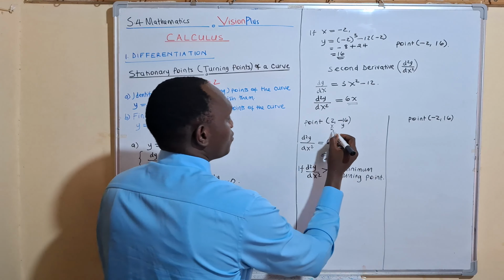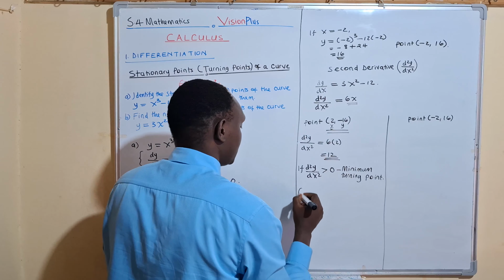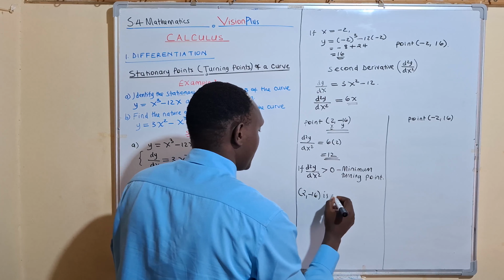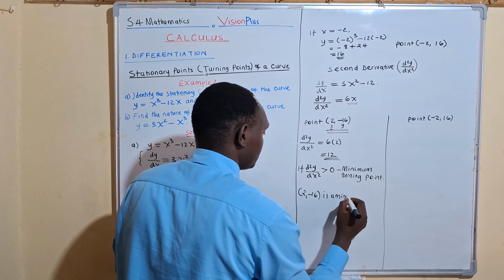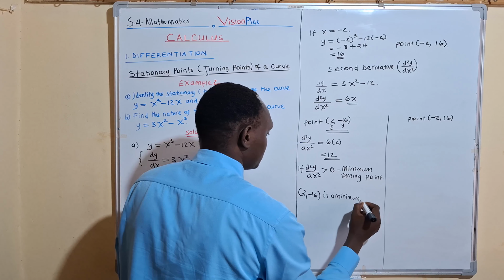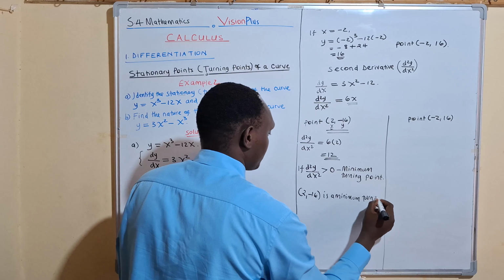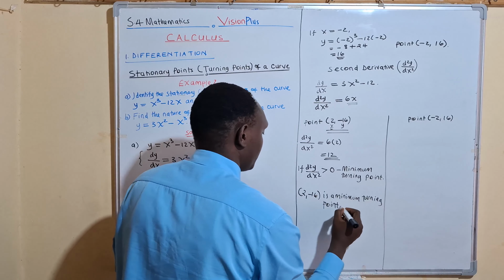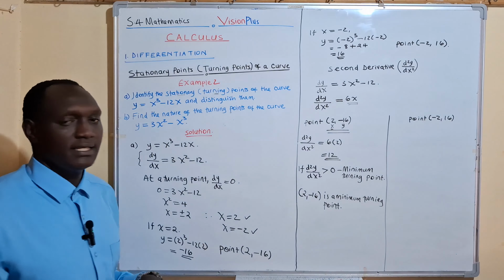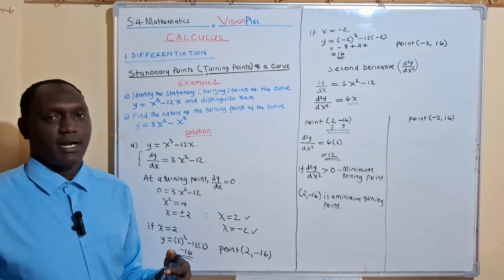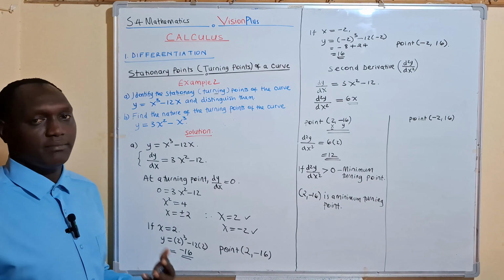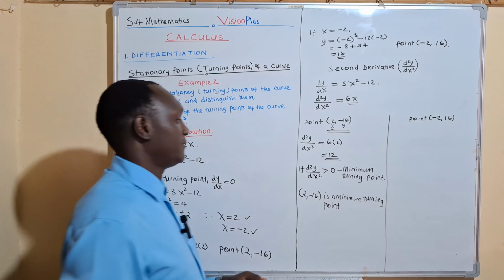Therefore, we can conclude that this point, 2 and negative 16, is a minimum turning point. In some books, they say it is a point of minima, but it's the same as the minimum turning point.